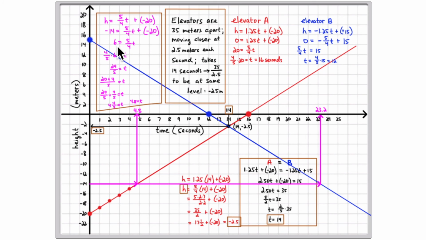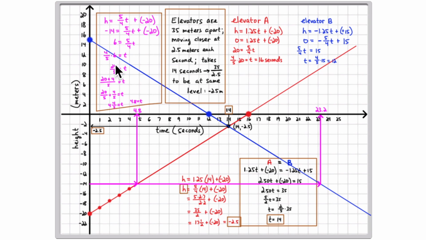It has to go up to 6 meters right here, and the amount of time that it takes is 5/4 some amount of time equals 6. So what that means is, this is a number that's less than 6. So 5/4 of a number less than 6 is going to raise that value to 6. So this time is going to now be 4/5 of that 6.